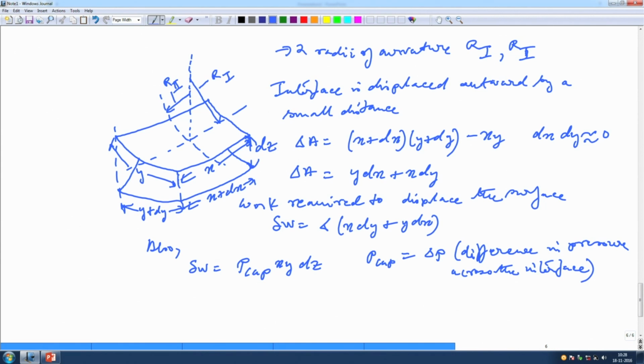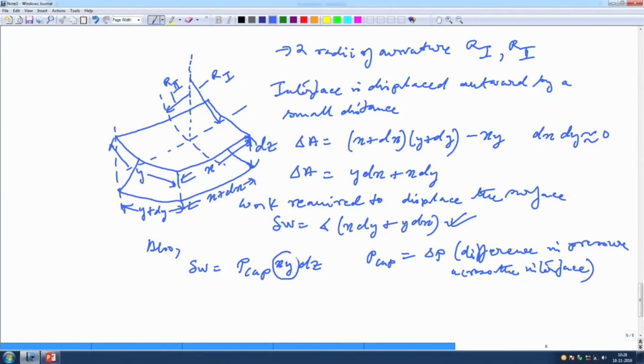Clear? So, the work that is done by this is basically given by the surface tension multiplied by the change in area. Similarly, the same thing we can also say is the work that is done by the capillary pressure, which basically took this area and displaced it by dz, and this capillary pressure is nothing but the pressure difference across the interface.